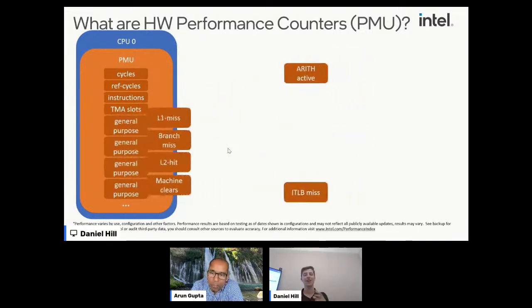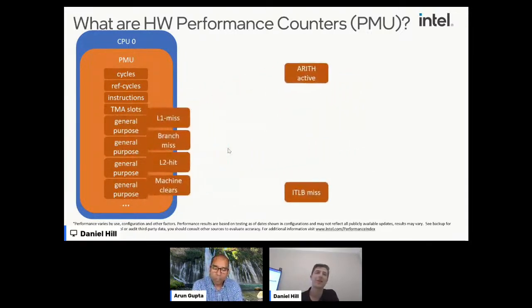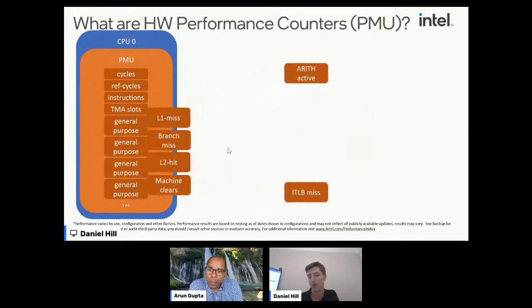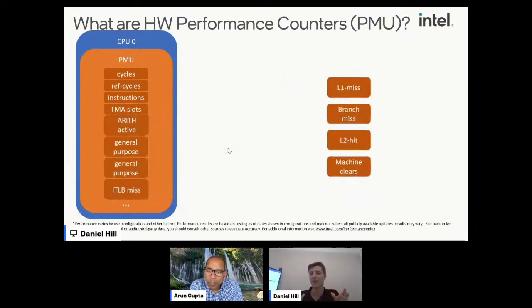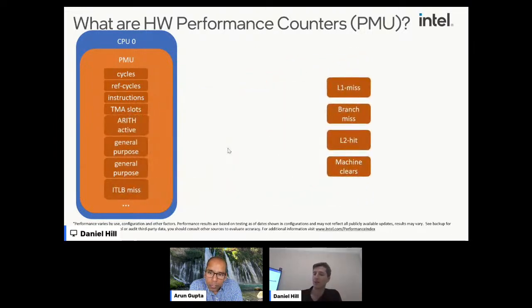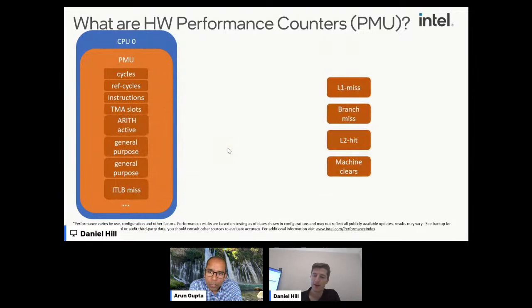But this is where you start to get into a problem. If you're calculating cycles per instruction, you would want cycles and instructions to both be in the same event group so that they get multiplexed in at the same time. This is usually managed by a kernel driver or built into the kernel. There are third-party drivers that can do this. You can do a write MSR to configure it yourself if you really want to be that person.